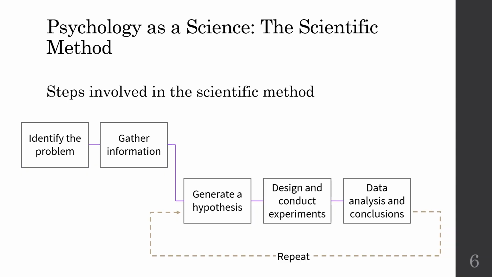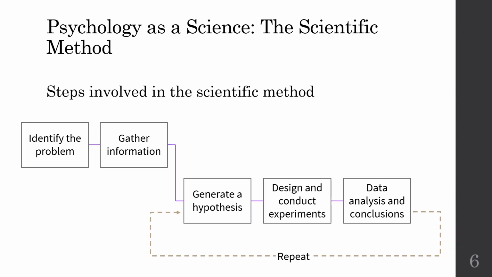We design some experiment, some study, something to test that hypothesis and see if we find support for it. And then we analyze those results and determine whether or not we do in fact have conclusions that support our hypothesis.